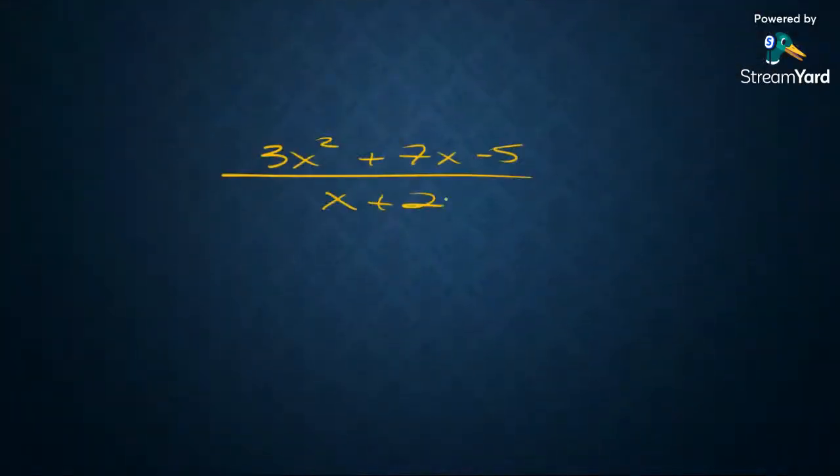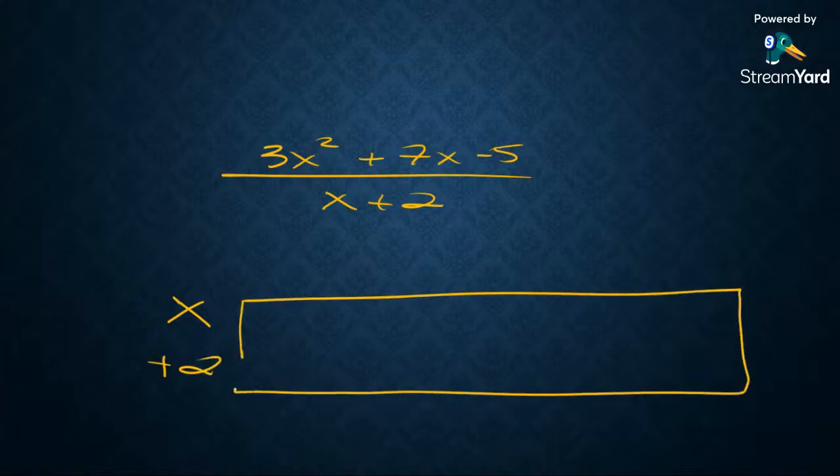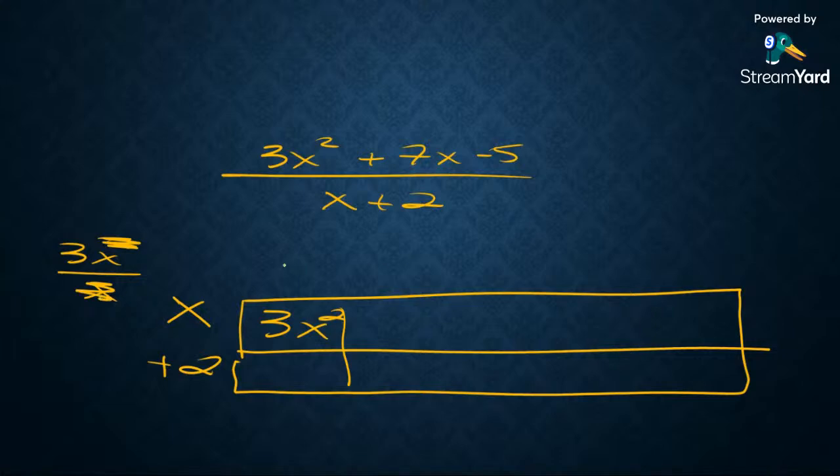Okay. So if I go through and divide this, once again using that expansion box, only because it's the method that I saw a lot of you decide to go with, we start out by putting 3x squared in this box. Now, 3x squared divided by x is just 3x. So 3x times 2 is 6x.